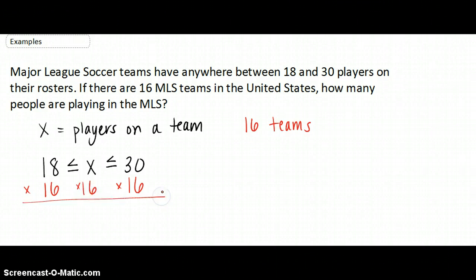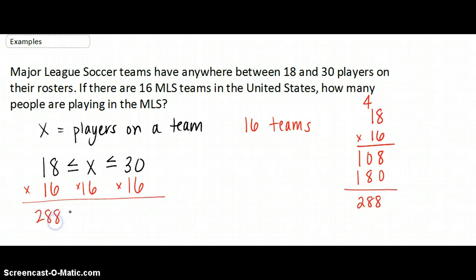So we're going to multiply now 3 parts of an inequality rather than 2 sides of an equation. So we can take 18 and multiply that by 16. So I'm just like you guys. If I don't have a calculator handy, I'm going to need to do some of this work here on the side. And I get 288. That's going to be less than or equal to 16x. So that's the players in the entire league.